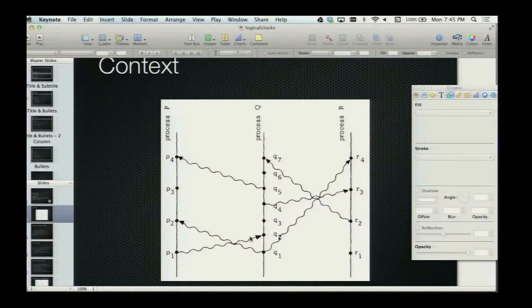So one thing that we have to assume is that there are no other processes in the system. Similarly, we have to assume that all communication channels are reflected by wavy lines here, that there's no hidden communication channel that's not reflected inside of the system. So if we make those two assumptions, there are no other processes and no other communication channels, is there a happens before relationship between P1 and Q1?